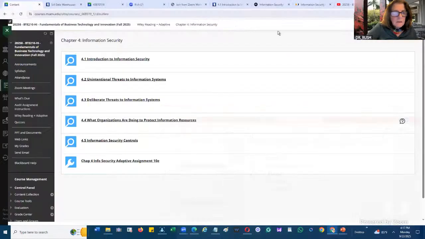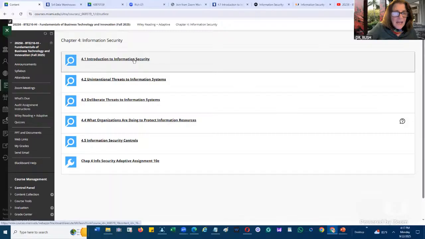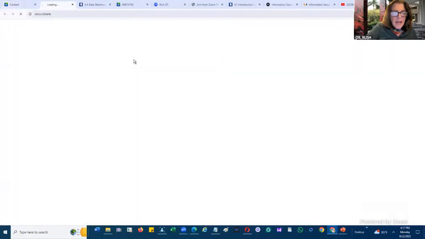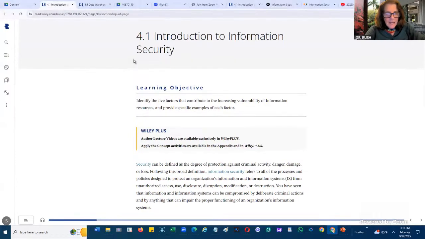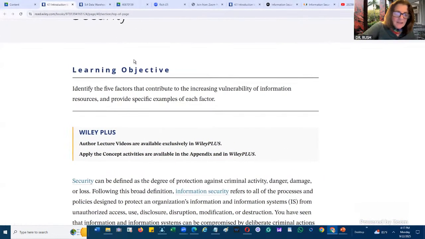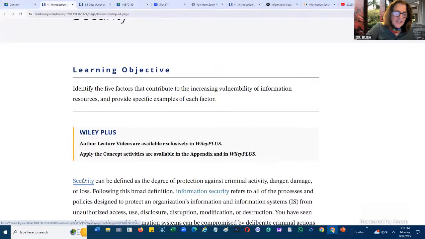Let me just minimize this. When I think about the introduction to information security, security, just like you said here, is going to be against any activity, danger, damage, or loss, right?